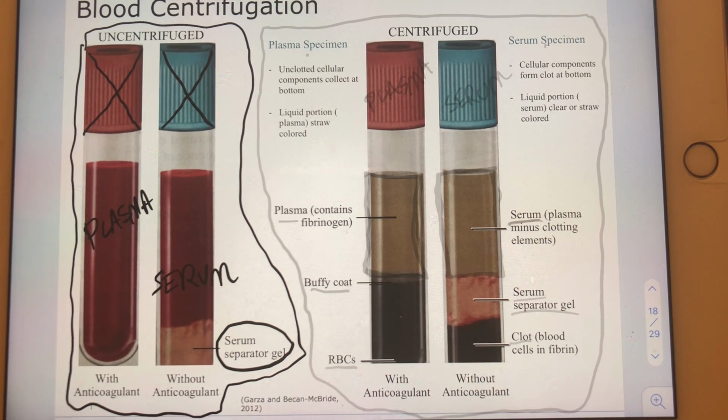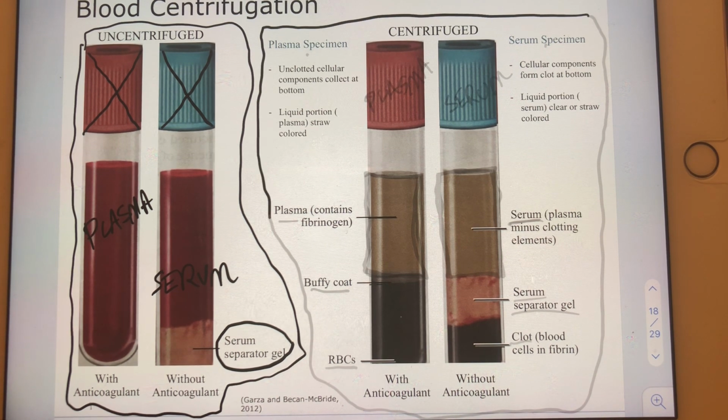Now we're going to centrifuge these. And here's our result. We've centrifuged the tubes, so you can keep these cap colors together, where red is going to mean plasma, and blue is going to mean serum, and often these are the colors that are used clinically.